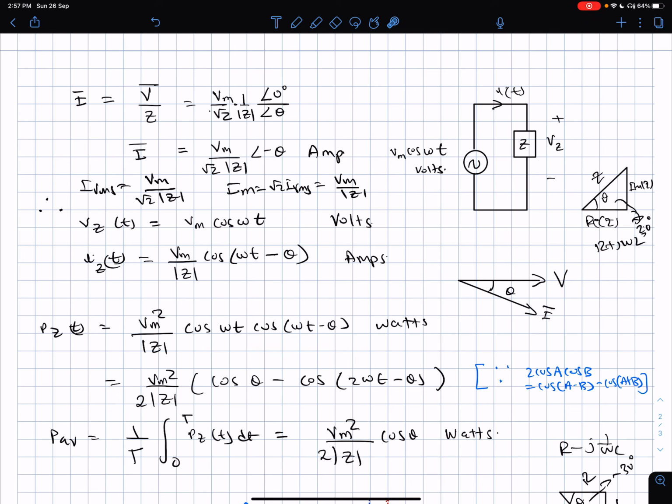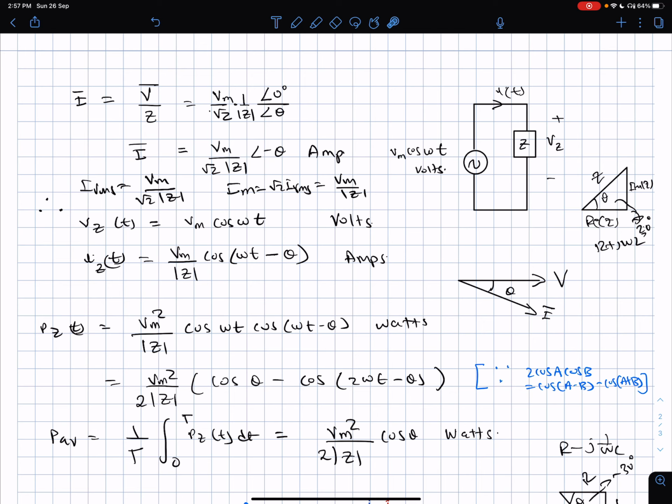So long as we were not discussing power, we were only adding and subtracting phasors, and there was only one frequency component, omega, throughout, because when you add or subtract sinusoids at the same frequency, you get a new sinusoid at the same frequency. But the moment you have a product of two sinusoids at the same frequency, two frequency components come out.